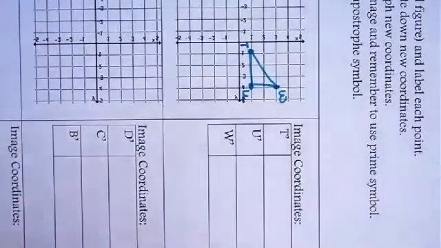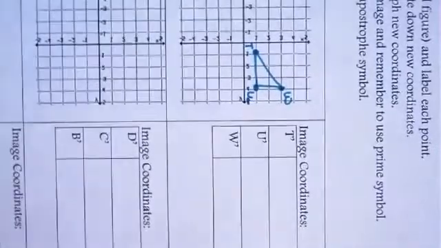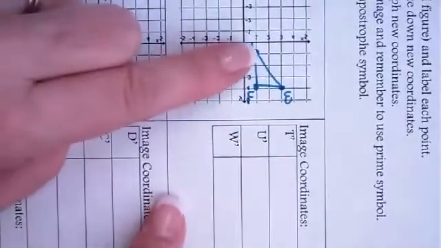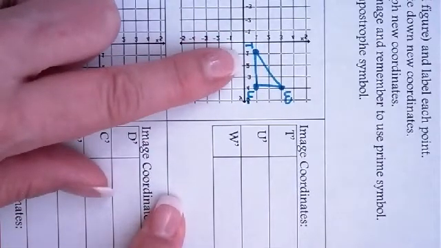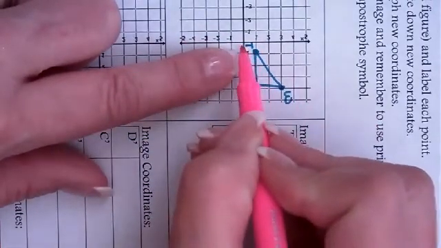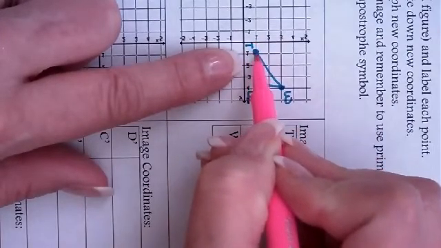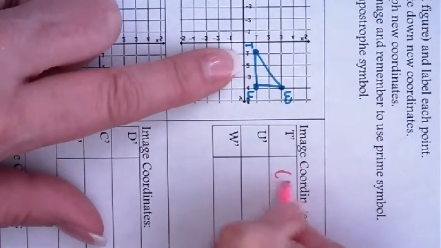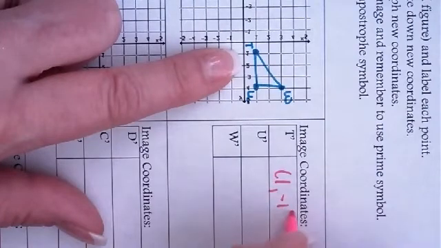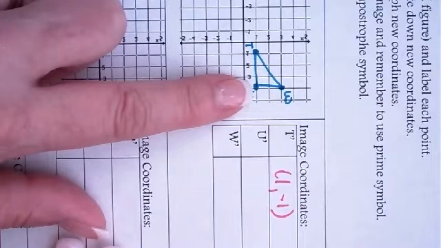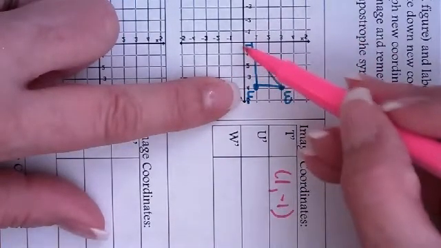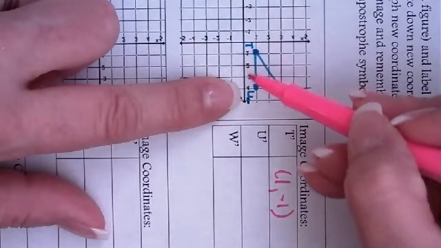So I'm going to go right here and I'm going to write a little bit sideways here for a second. But while I got it in this position, I'm going to write down all 3 of these ordered pairs as I see them now. Like T right here is now at 1, negative 1. So there's 1, negative 1. Okay? U right here is at 1, 1, 2, 3, 4.